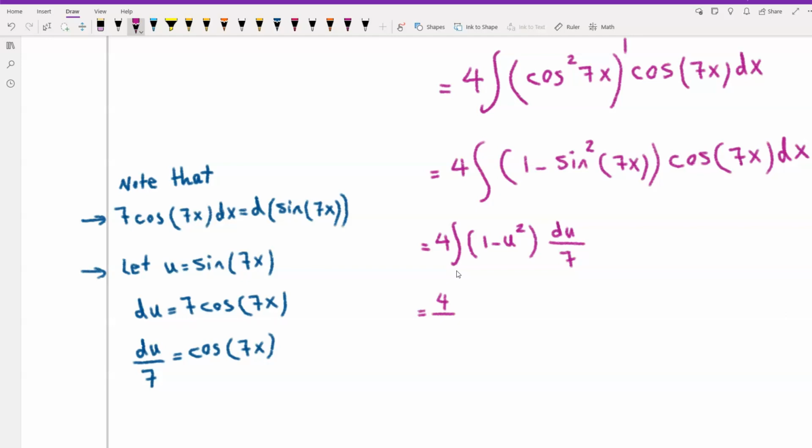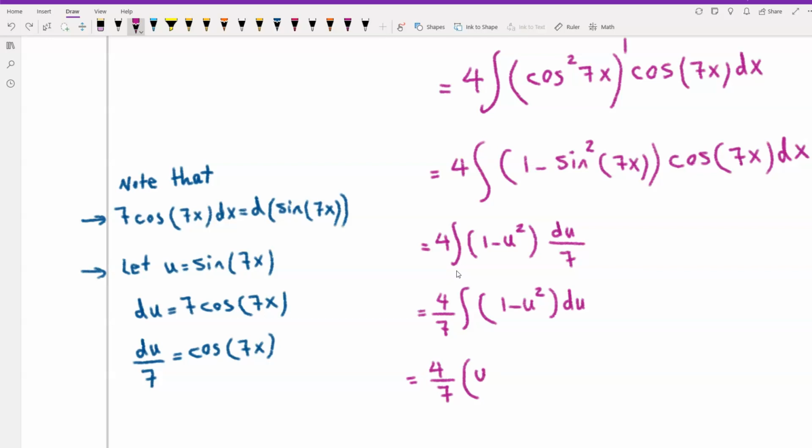And I will have 4 over 7 here first, and then the integral, rewriting this part, 1 minus u squared du, and this is equal to 4 over 7. Here we have 1.